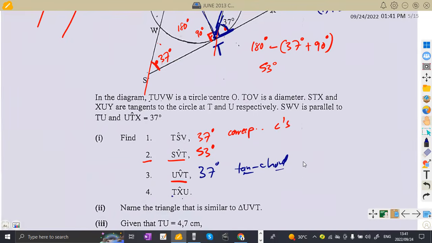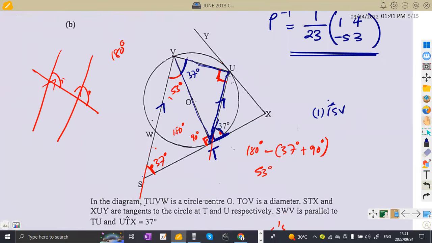TXU, so we've got TXU from T to X to U, this angle here is the one that you need to calculate. Okay, so what can we do to calculate this angle, guys? I want you to see something from this angle, TXU. Remember, two tangents drawn externally from one point to the circumference of a circle are equal in length. So these two sides are equal, from U to X and from T to X. So we know that base angles are equal.